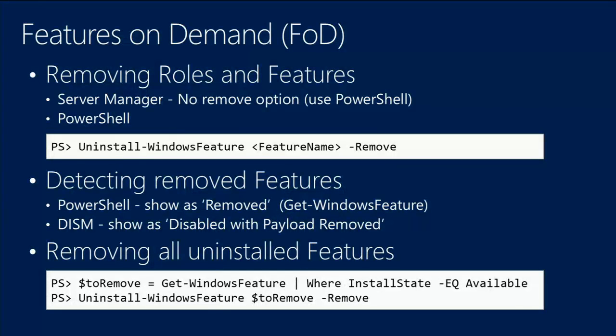If you do the same thing in DISM with the equivalent DISM command, they'll show up as disabled with payload removed. Okay? If you want to do something really easy and say, well, show me all of the features which aren't installed, but so are available, and just get all of those off, so reclaim all of those, there's a very simple 2-line script to go do that. In fact, it could be 1 line, but I made it 2. Okay?